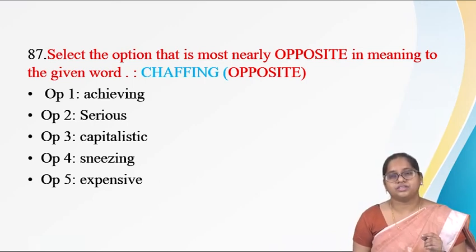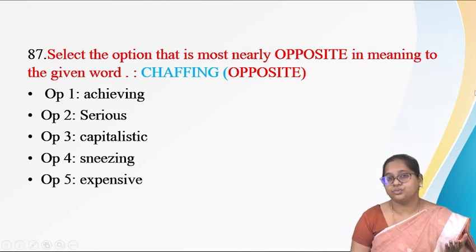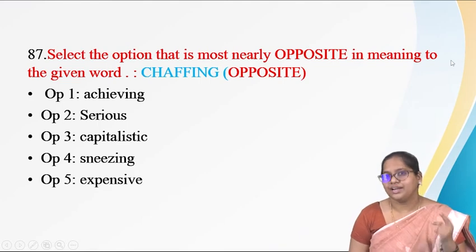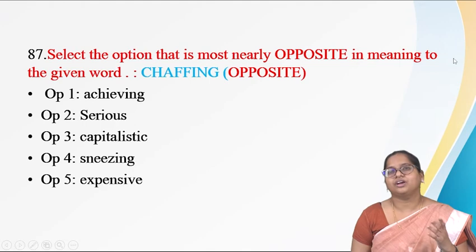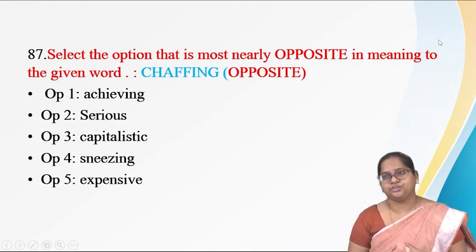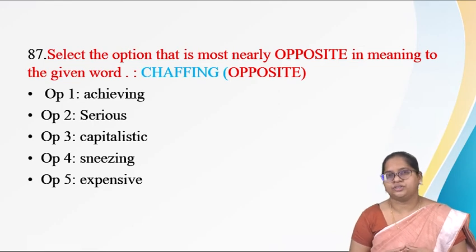Select the word which is opposite in meaning. So what is the word? Chaffing. Chaffing is to do with making fun of someone, right? Let us see the options given. Achieving, it is nothing to do with achievement, or having achieved your desired thing. No, it's not that.